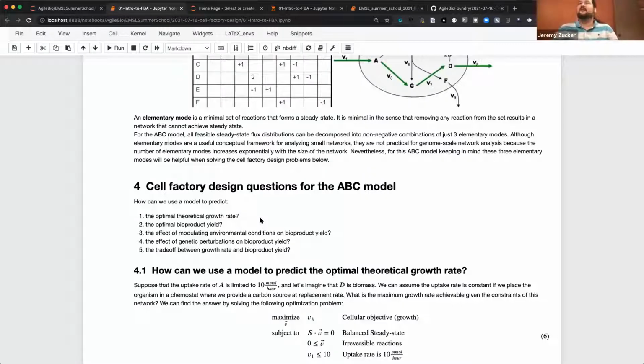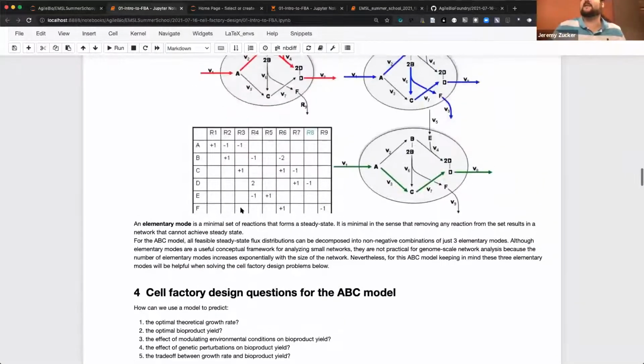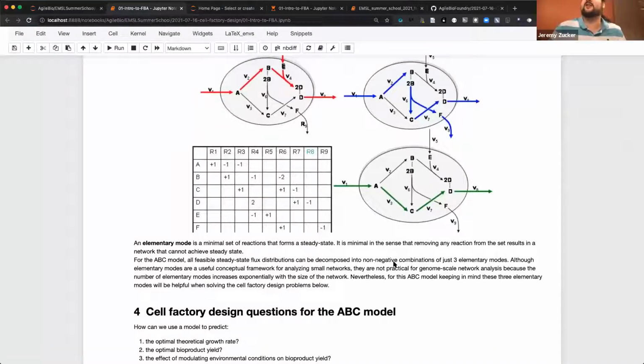Okay, cool. So for the ABC model, all these feasible steady state flux distributions can be decomposed into non-negative combinations of just these three elementary modes, right? Although these elementary modes are a useful conceptual framework for analyzing small networks, they're not practical for genome scale network analysis because the number of elementary modes increases exponentially with the size of the network.